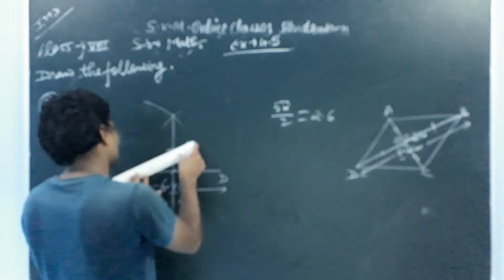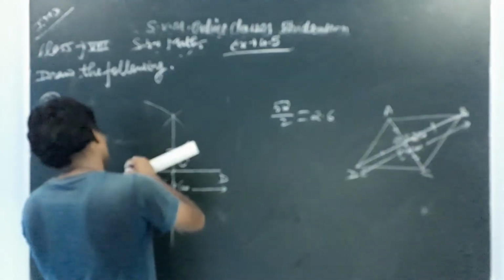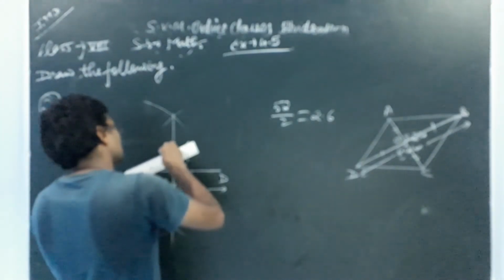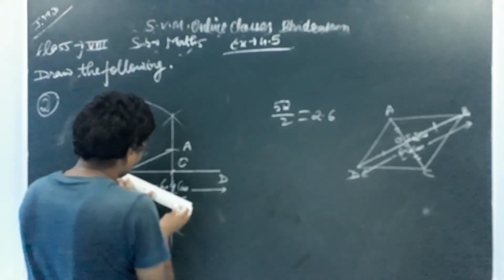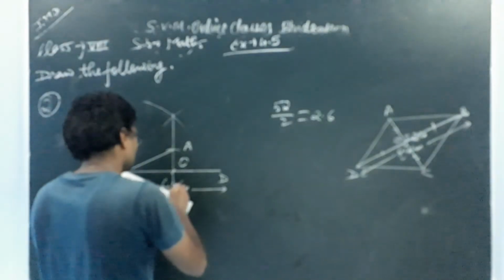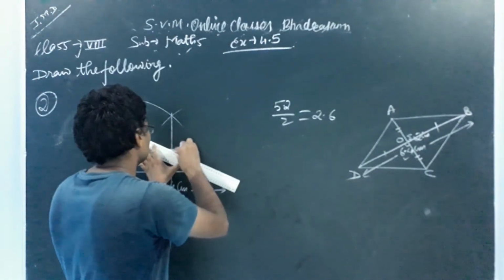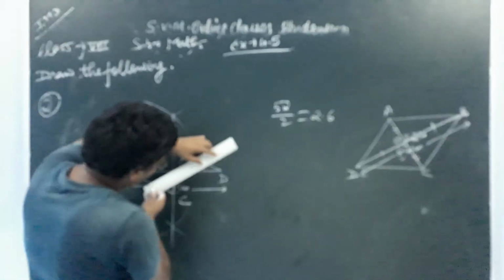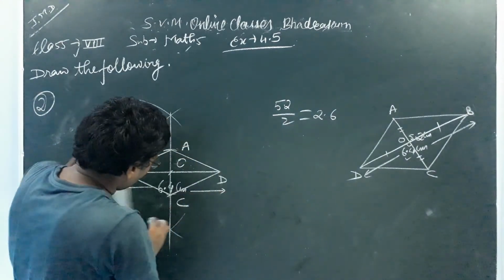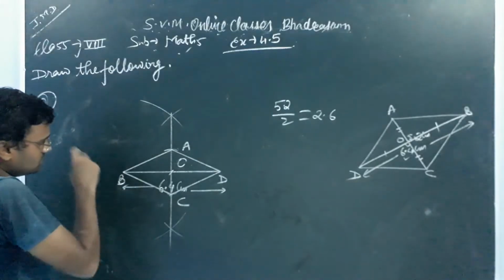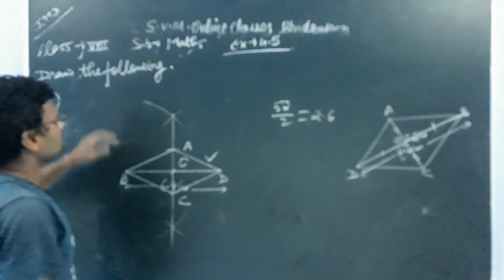We will match up all the points and we will get a quadrilateral. This is AB. This is BC. Now this is AD, and this is CD.